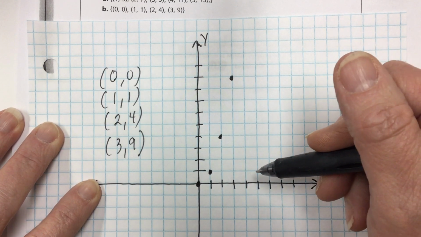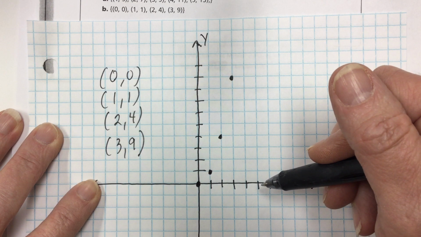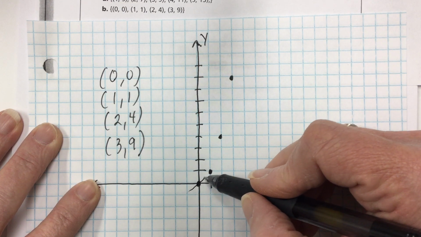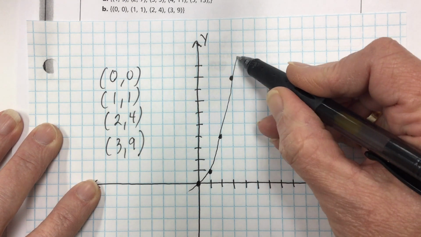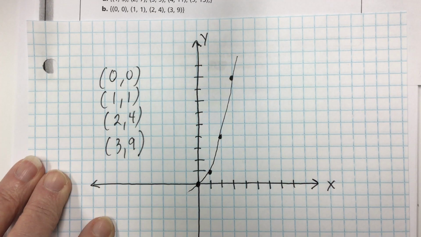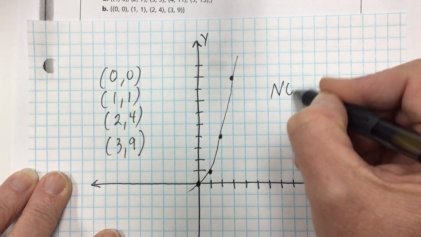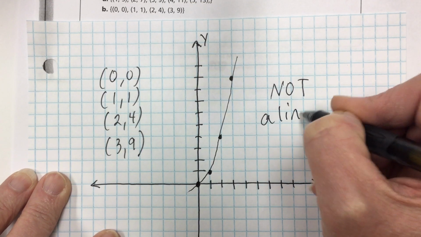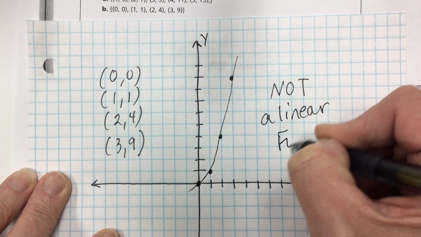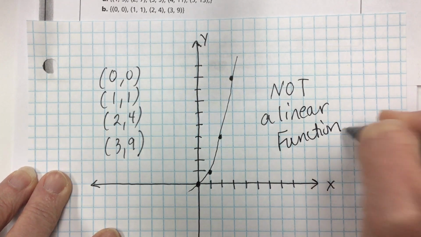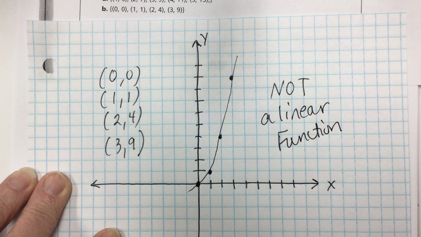Now, does this form a line? If you connect these, do I form a straight line? No, I do not. So this is not a line. You can't connect the points with a straight line, so the ordered pairs do not represent a linear function. In order to be a linear function, it has to be a straight line.